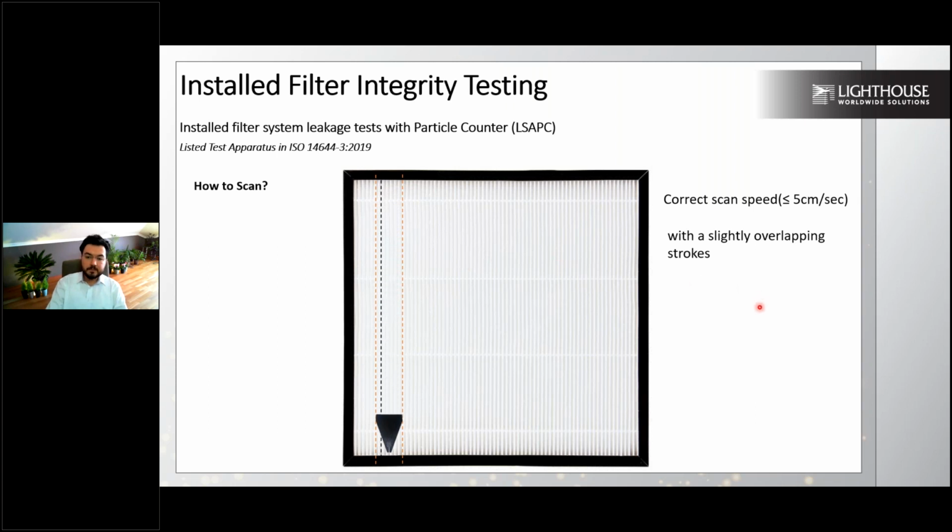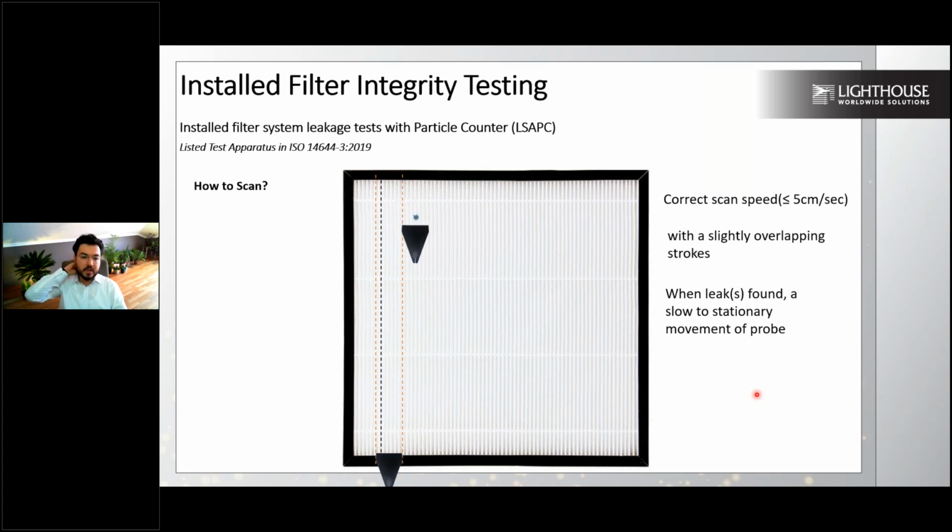Then after that, when the leak is found, a slow to stationary movement of the probe will come through the leakage point, and you have to locate its position. We recommend you put these single dots, the sticky labels, directly onto the filter surface and to the side in order to define the cross-section of your leakage.